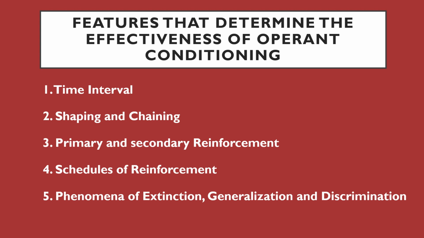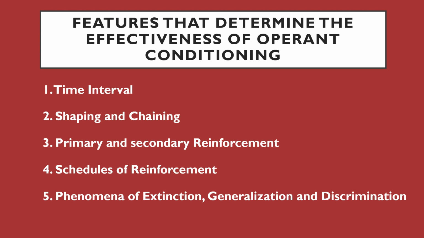In shaping, each small step that the organism makes to reach the goal is reinforced rather than only the final response. So, each step is reinforced. This is done by the method of successive approximations.